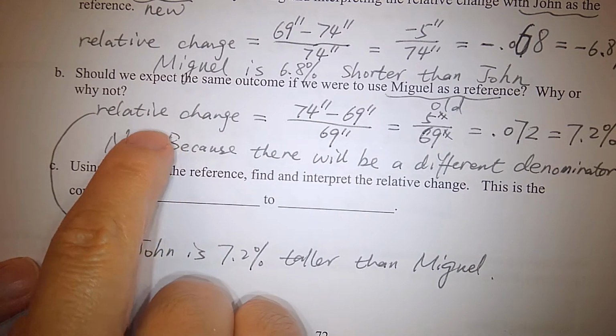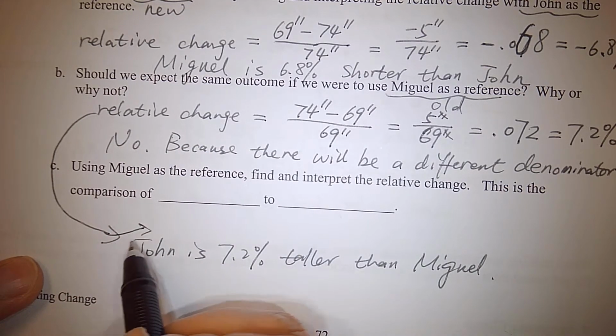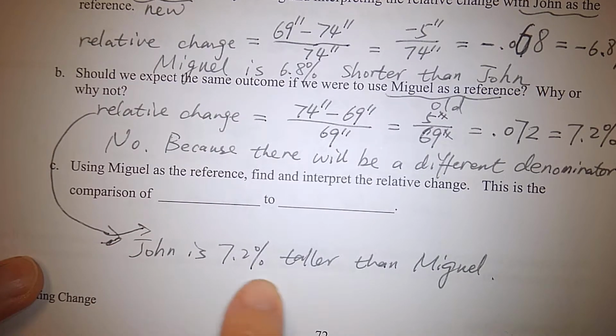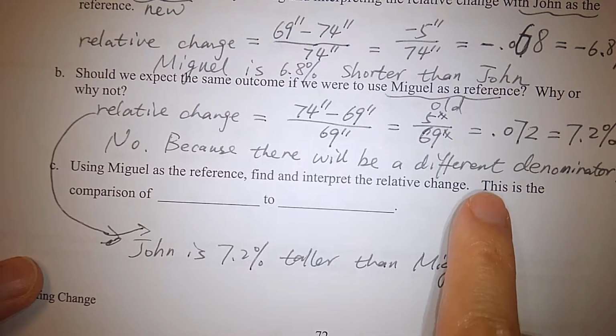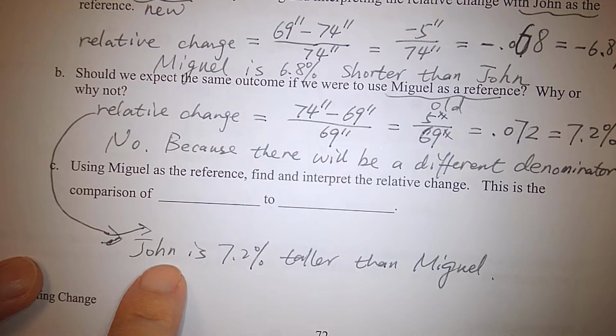The calculation is here, and the interpretation is this. This is a comparison of John compared to Miguel, right?